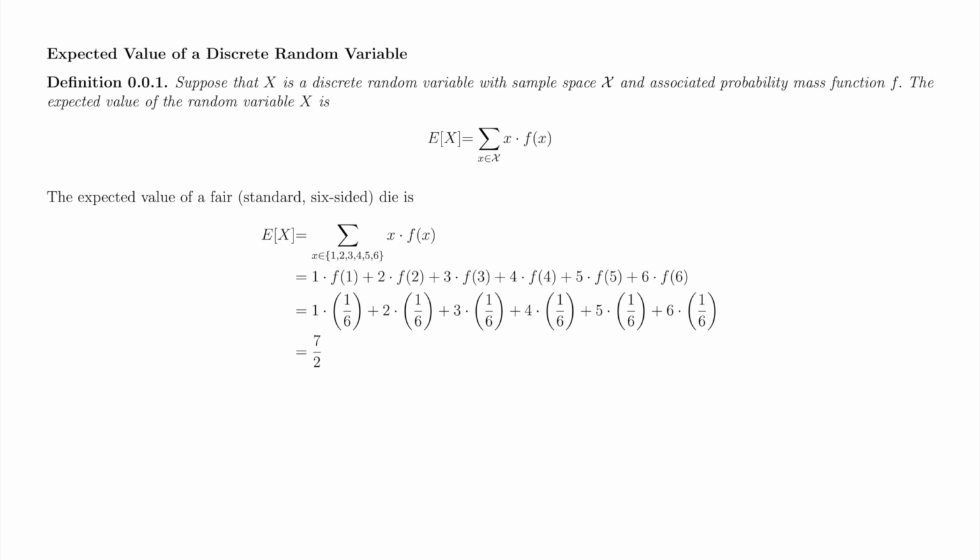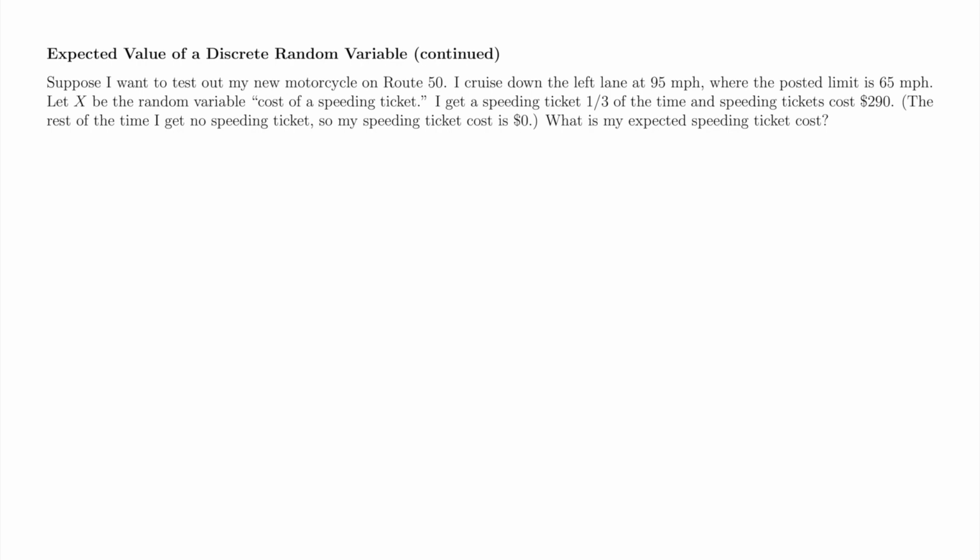Sometimes you will hear people describe this number as the average roll, an equally correct description. Here's a practice problem that pulls everything together. In this description are the sample space and probability mass function associated to a discrete random variable. You need to identify each of these to compute the expected value of my speeding ticket. Pause the video for a few moments to try the problem, and when you are done, unpause it to see the solution.